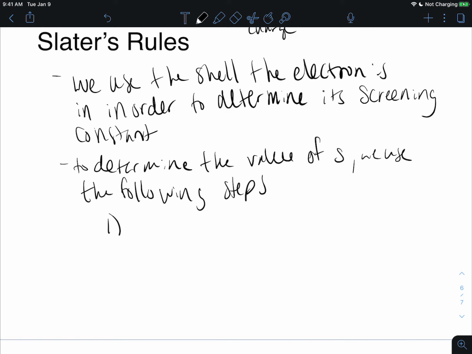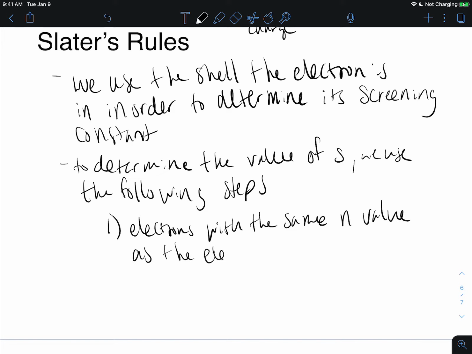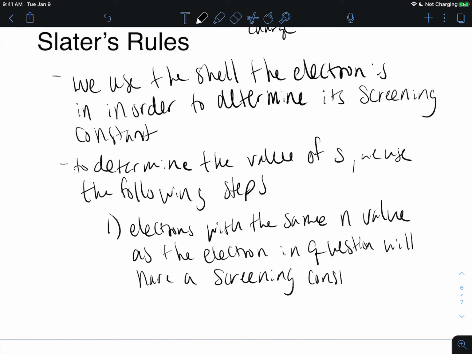1. Electrons with the same n value as the electron in question will have a screening constant of 0.35.